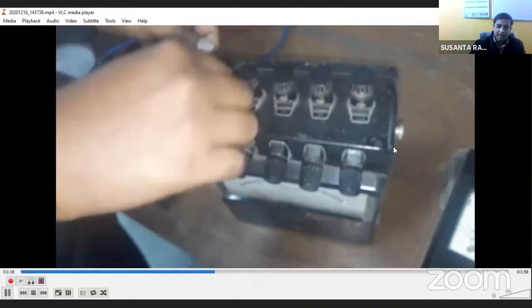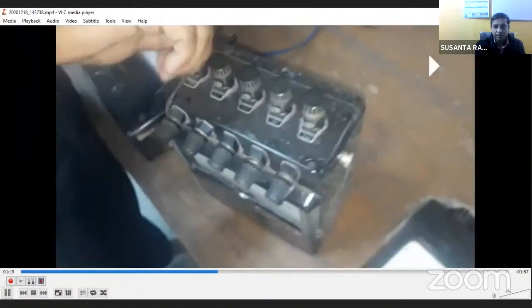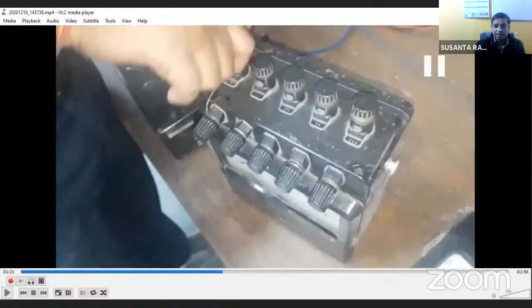So you see, I told you that the current coil is placed on the other side, and at the top you have all the pressure coils, and pressure coil terminals differ for different rating, and these are the current coils of different rating. Now for this open circuit and short circuit test, we need a different range of current coil and pressure coil.